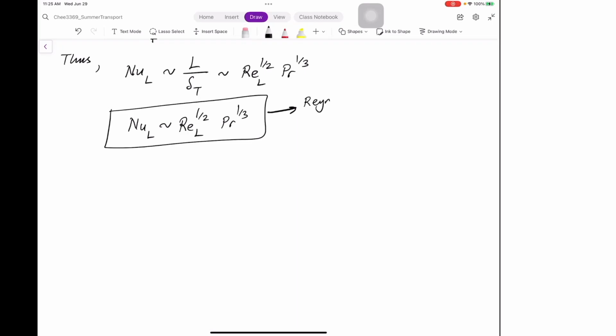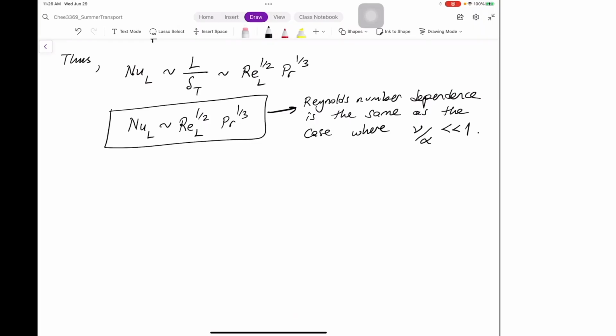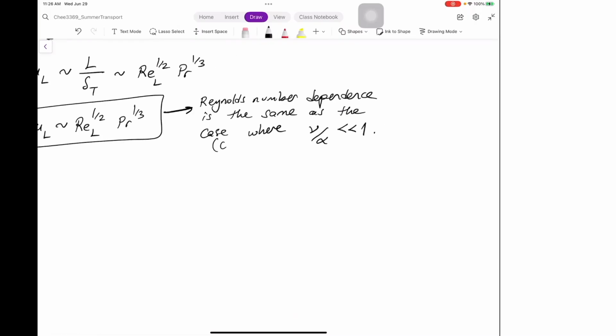We say that Reynolds number dependence is the same as the case where nu over alpha is much less than 1, right? The previous case, case 2. Okay, cool.